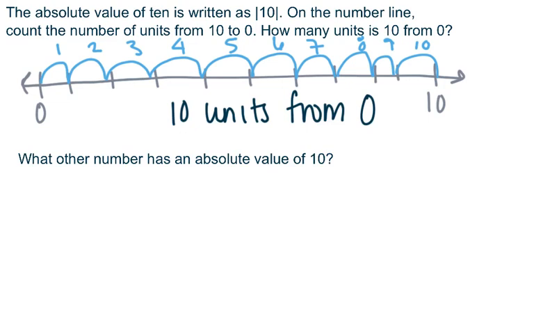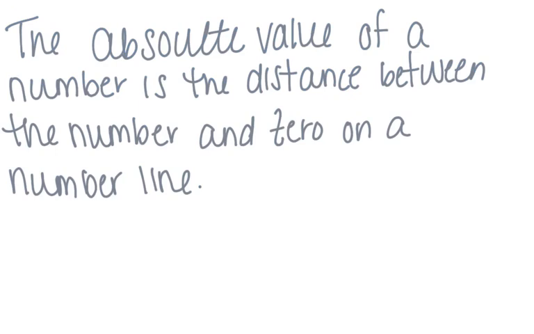What other number has an absolute value of 10? The absolute value of negative 10 would also equal 10. So it would have the same distance as we've seen up here. The absolute value of a number is the distance between the number and 0 on a number line.